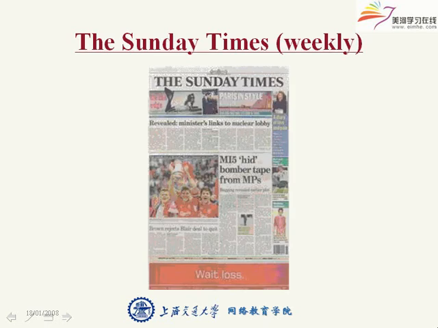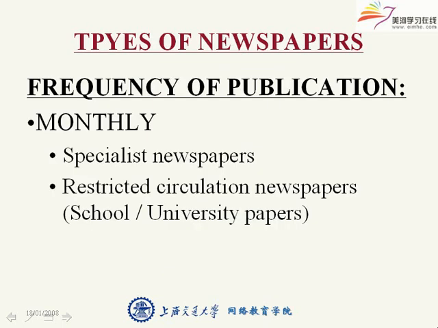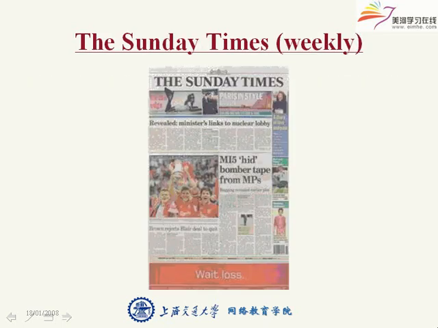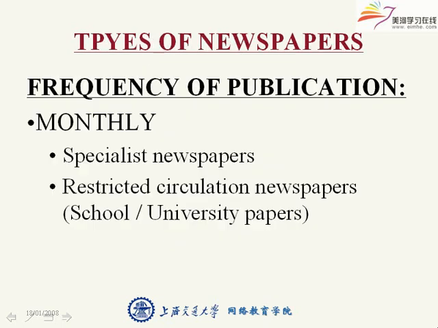We have that in Europe a lot, or in America, that a university has its own newspaper. And of course, in this university newspaper, you have only the news concerning the university. So for example, we have a new dean. We have a new professor, a new foreign teacher. Then that will be in the university's newspaper, right? Only news concerning the university.